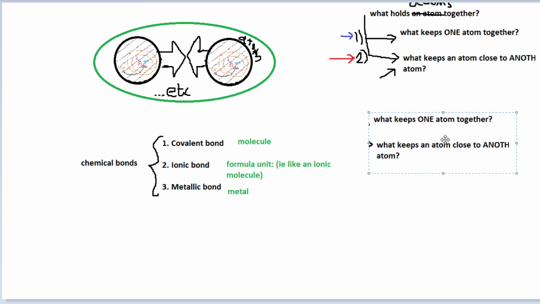I'm going to ask these questions again, except I'm not going to use the word atom this time. This time I'm going to use the word molecule. So instead of atom, I'm going to take that away. I want the word molecule instead, so I'm just making space for my word molecule. There you go. I'm asking the exact same question.